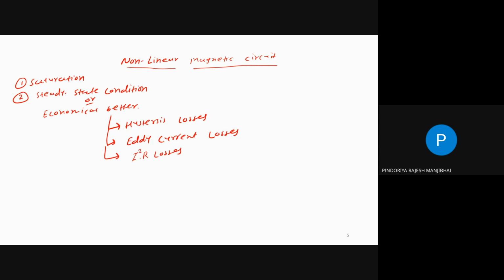So with respect to the BH curve, correct? So this is the H, and on the y-axis that is B. The unit of B is Weber per meter square, and the unit of H is ampere per meter, correct?